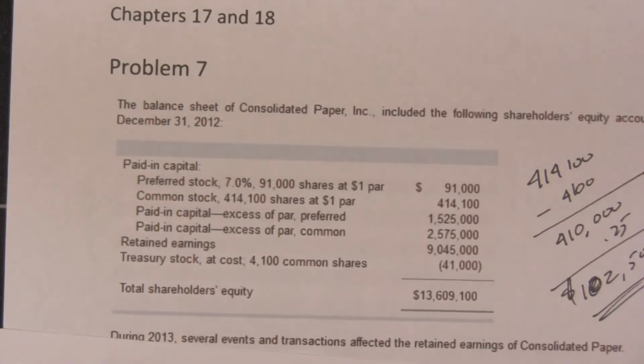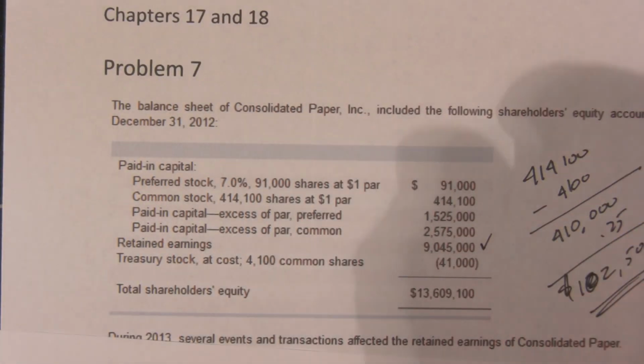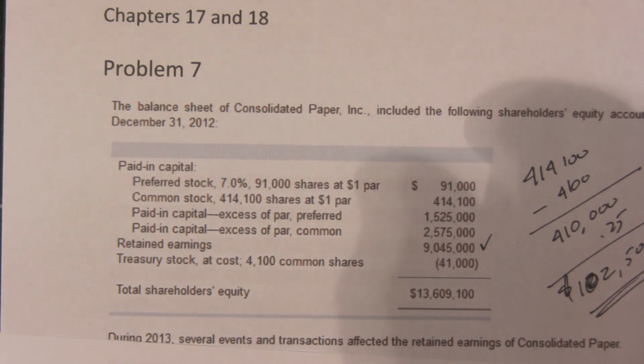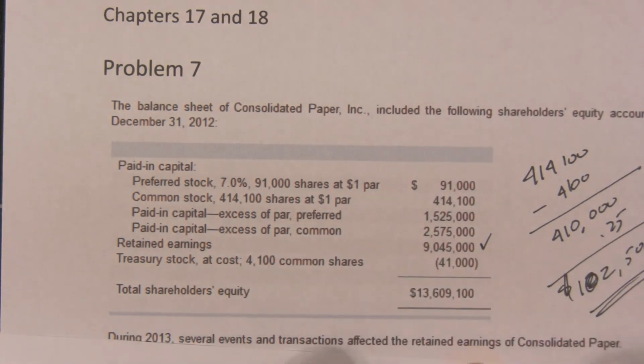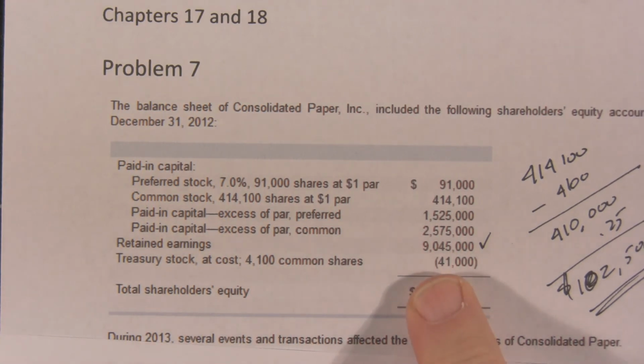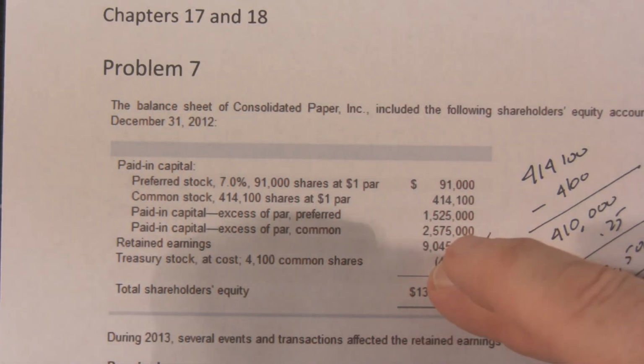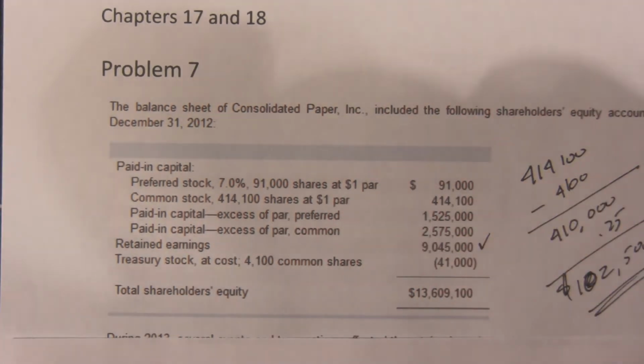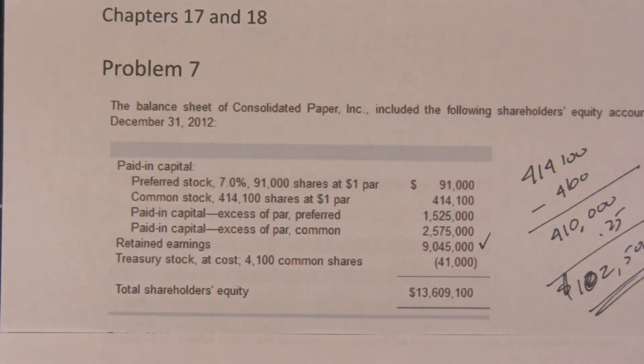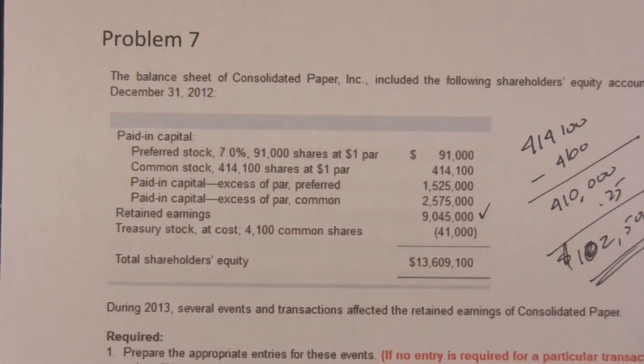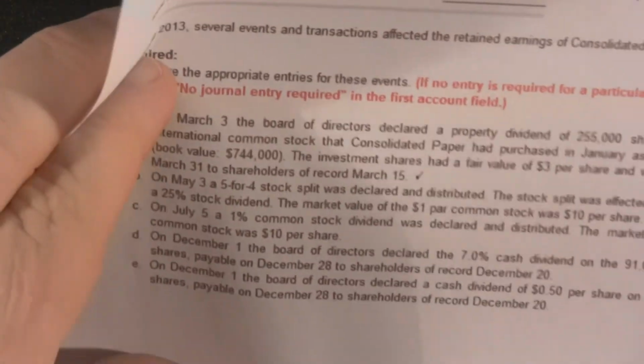The retained earnings is this minus the dividends, okay? So that's the $9,045,000 minus this $765 minus the $51,250 minus the $6,370 minus the $258,812 plus we have to account for the net income.